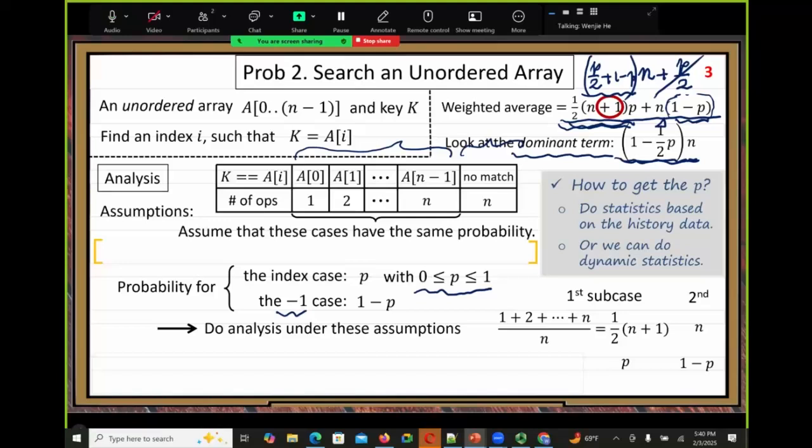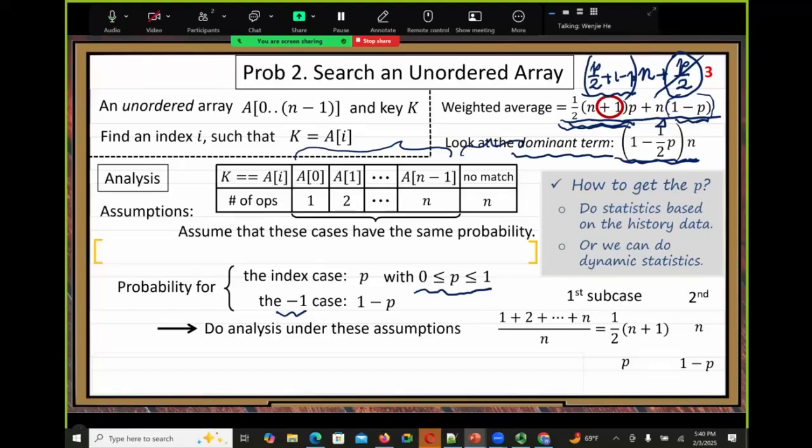Look at the term p over 2. If you take the ratio of p over 2 with the first term, when n is very large, that ratio is very close to 0.